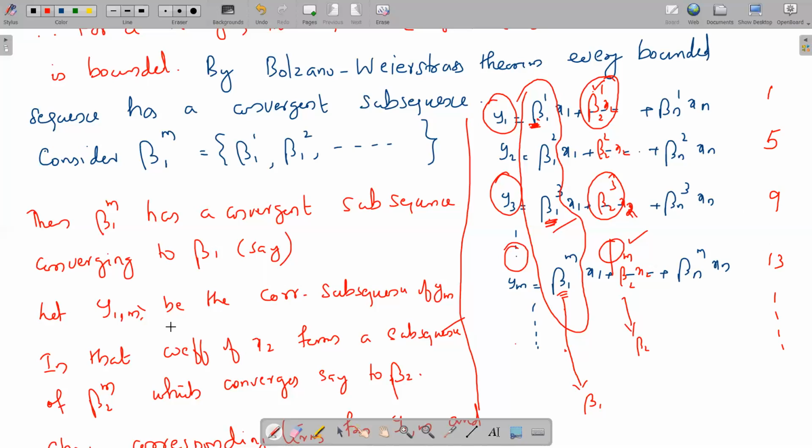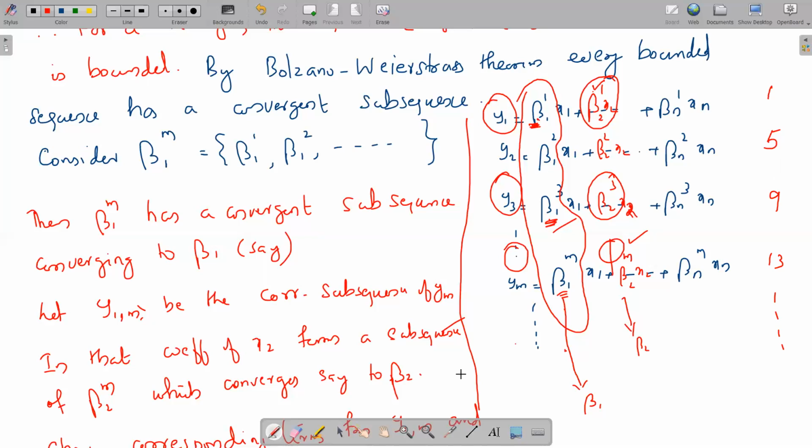Then you find a subsequence of y1m, that is y1, y5, y9, y13, etc. of the original sequence, and write the subsequence y2m of y1m, which is consequently a subsequence of ym, in which coefficients of x1 converge to beta 1, coefficients of x2 converge to beta 2.